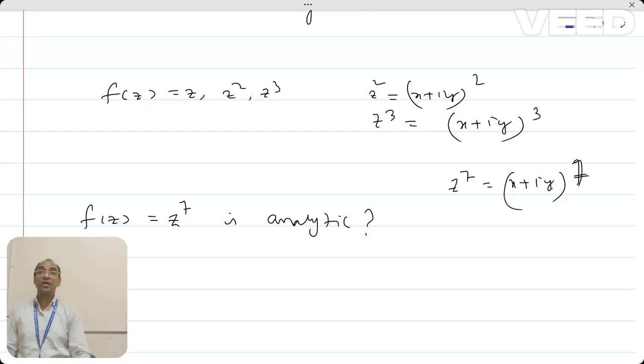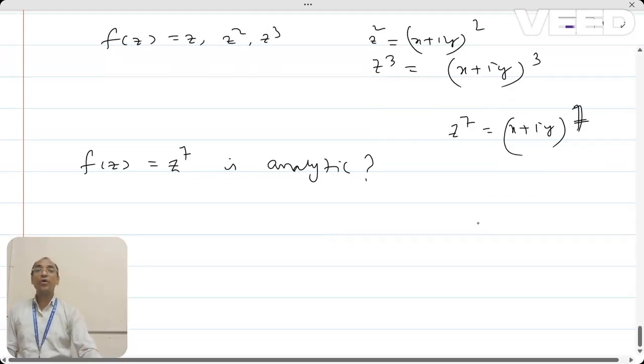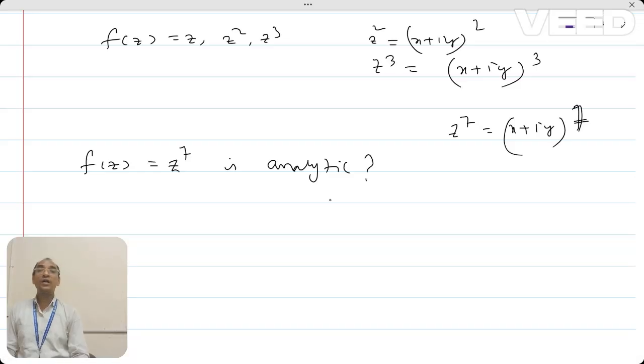In that case, what we will do is we will try to represent the complex variable z by polar coordinates.